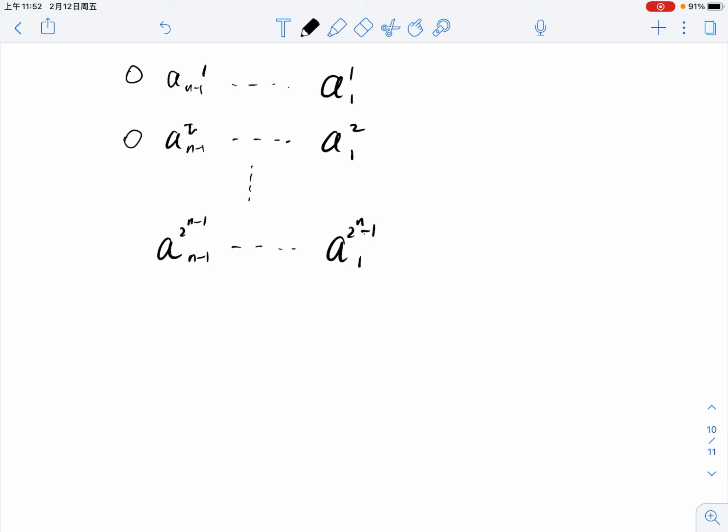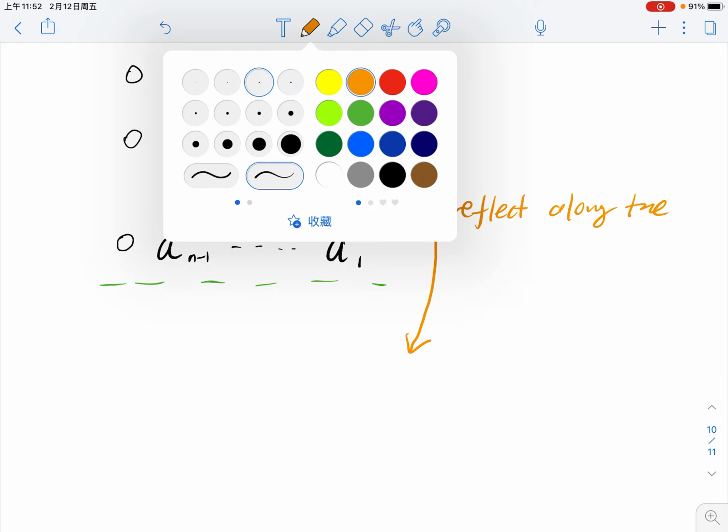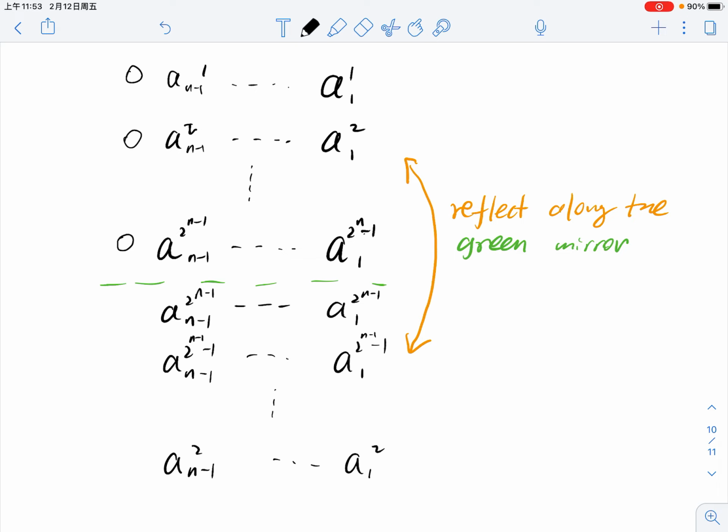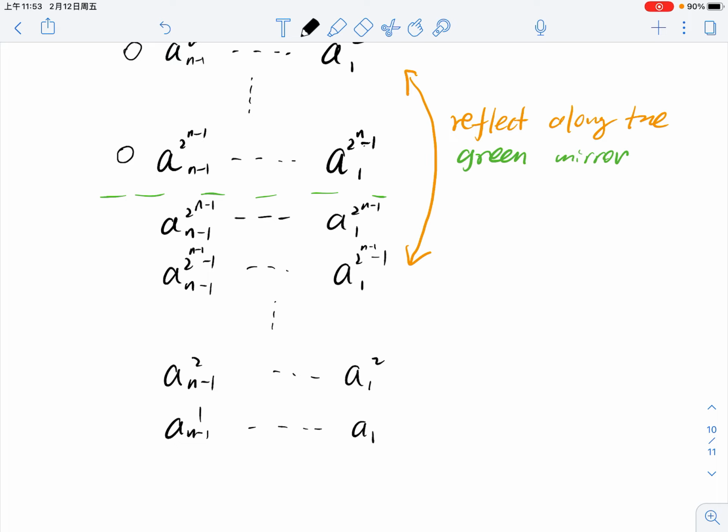To construct the order n, you first put a 0 in front of all this code, and then you do reflecting along the green mirror, which gives you the reversed list, from the last code down to the first.